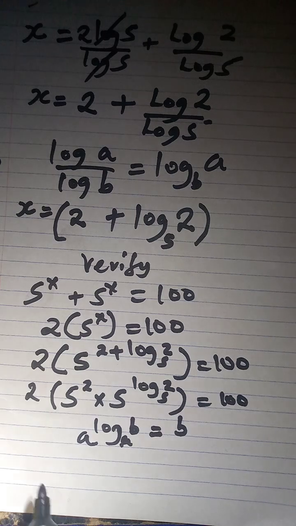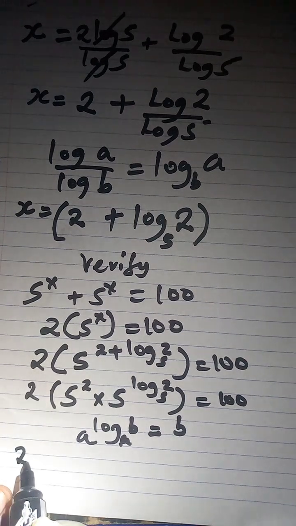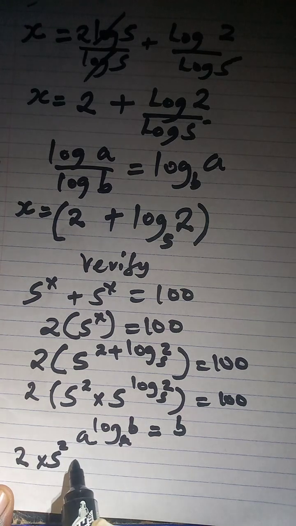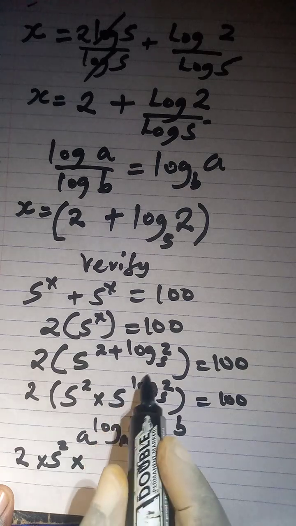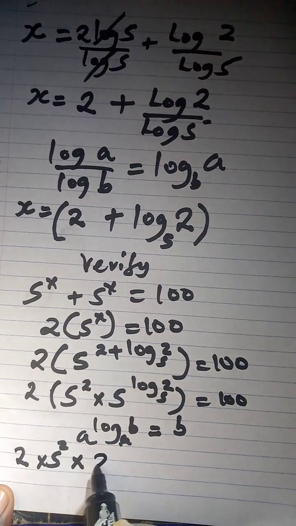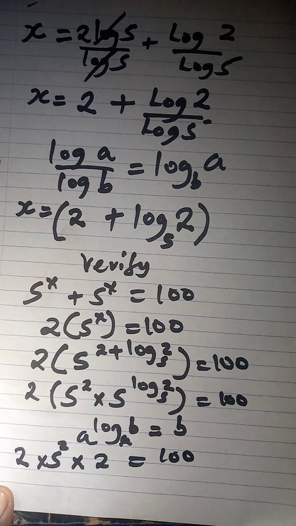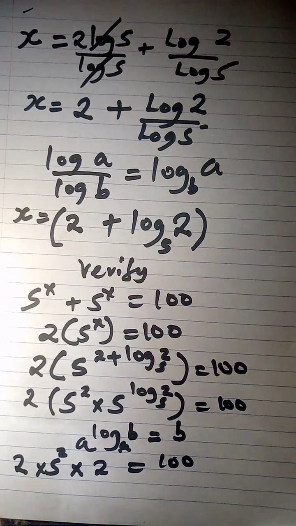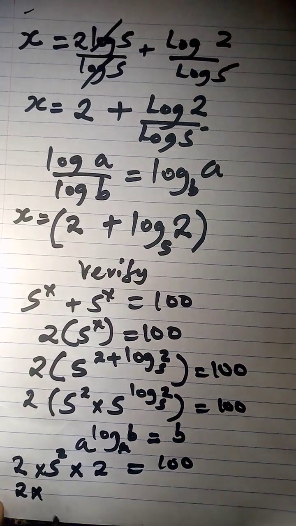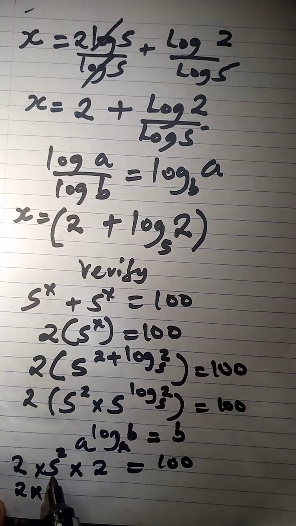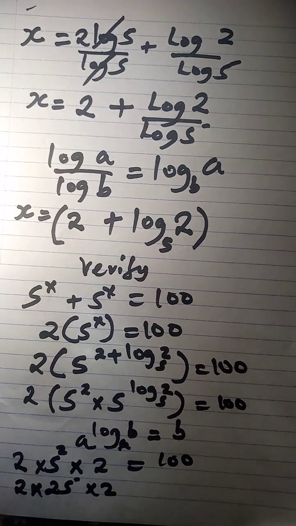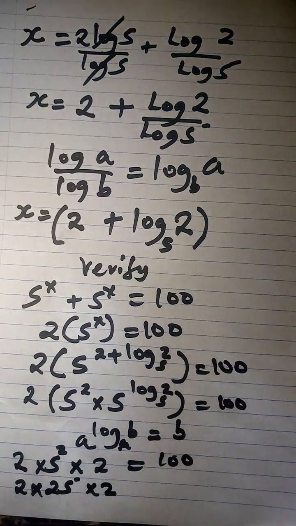So doing that, now I have 2 multiplied by 5 raised to 2 multiplied by, of course, this and this, the base is the same, giving me 2, equal to 100. Well, I know that is 2 multiplied by 5 squared, which is 25, then multiplied by 2.